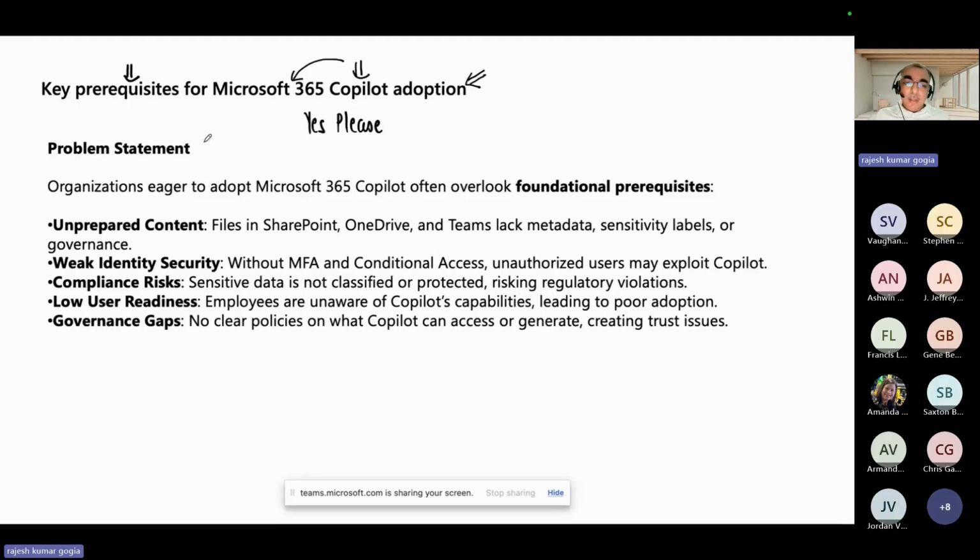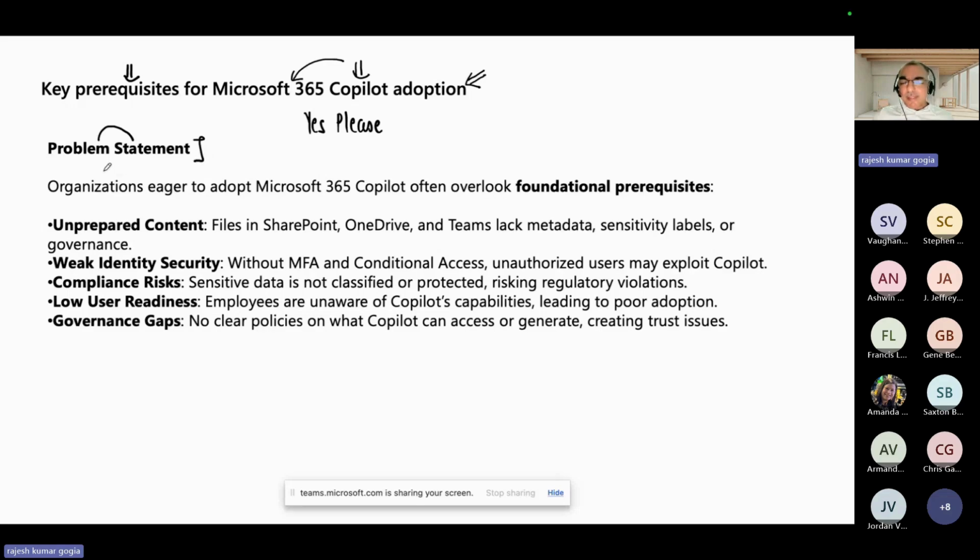As I told you earlier, things always start with a problem statement, isn't it? Why? Because unless there is a problem, there is no solution. Every lock comes with a key, isn't it? If there is a lock, there is a key. So if there is a problem, there would be a solution for it as well. So let's try to explore the problem statement.